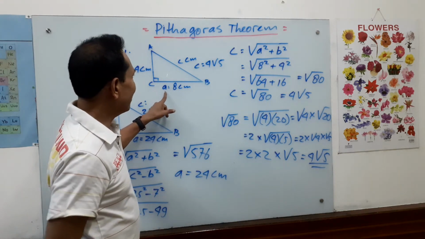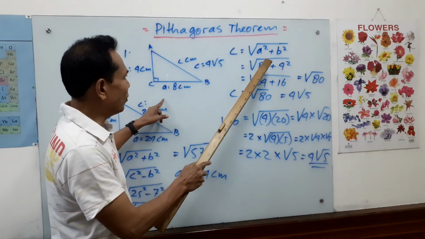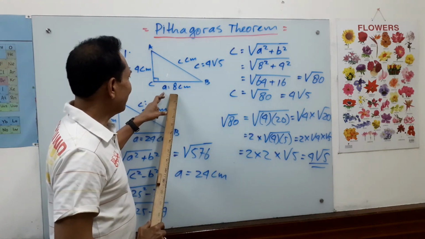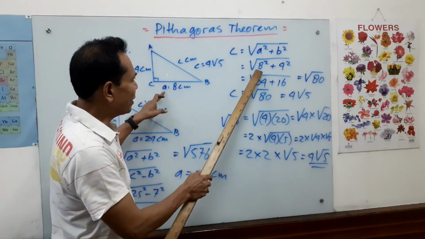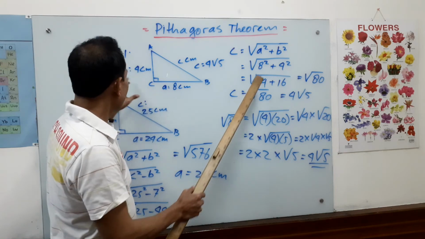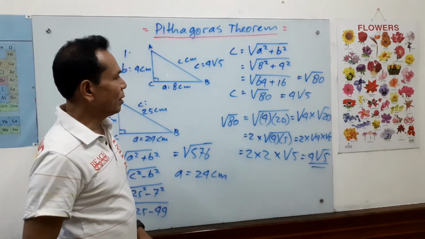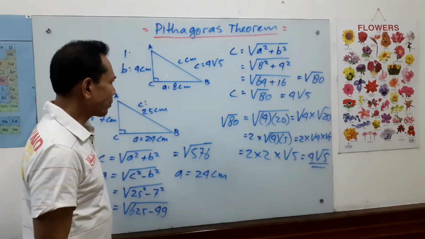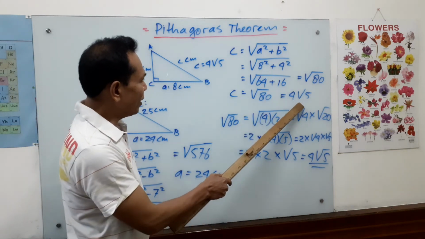So A square here, we put under square root, and B square here. And then we bring the A here, which is 8, and B here, 8, and we put square root. And then we work out, we get this one here.